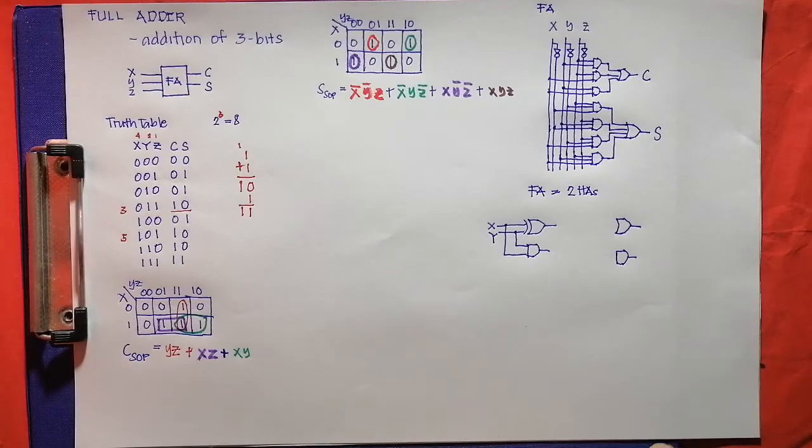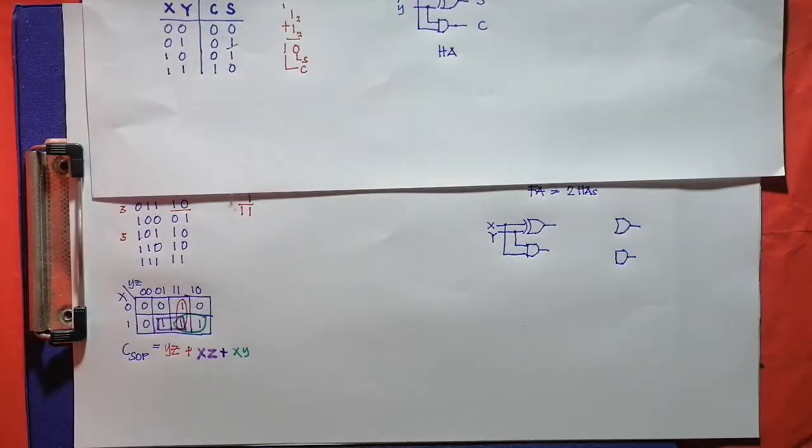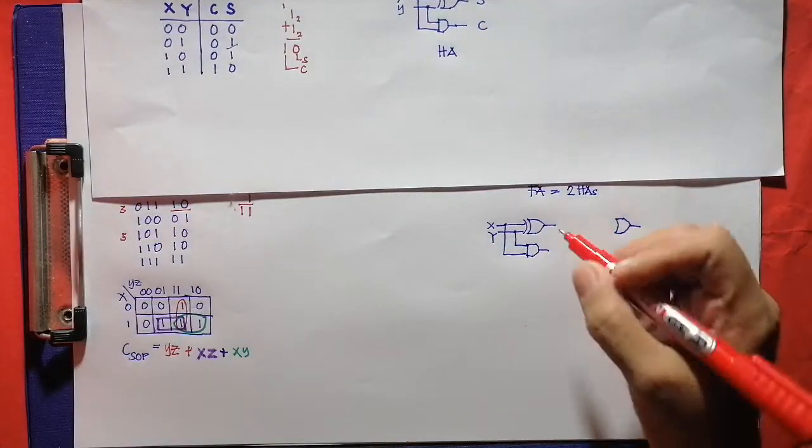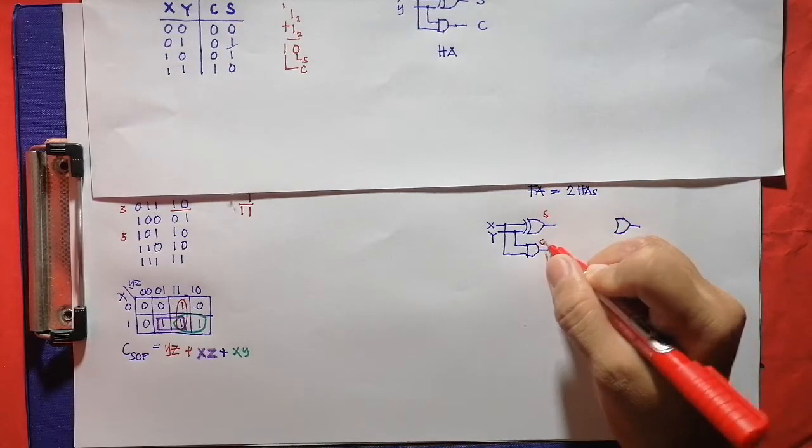So let's start off with, take note, this is your S and this is your C. So meaning to say this is our S and this is our C.